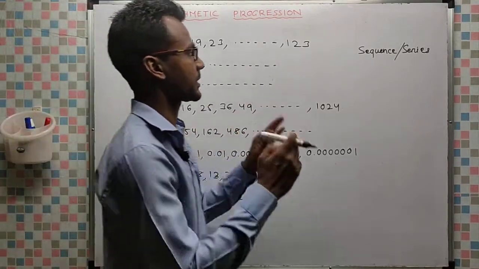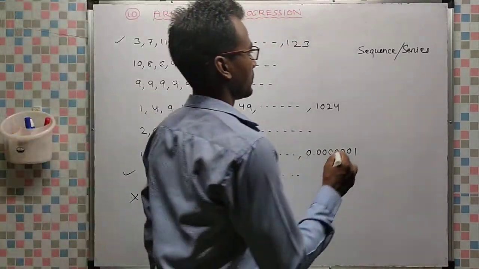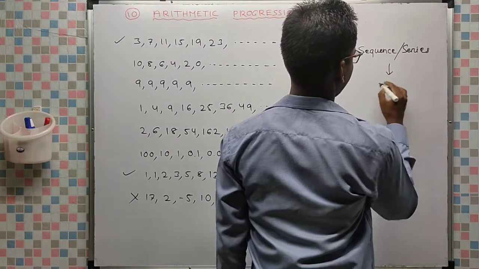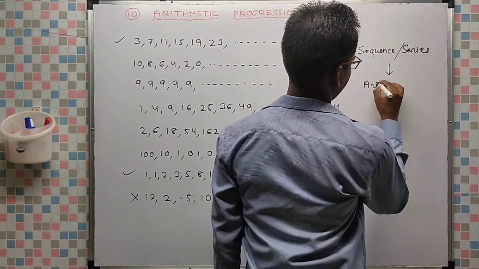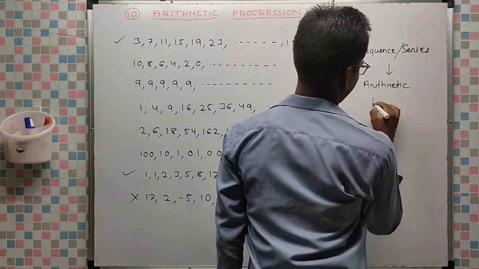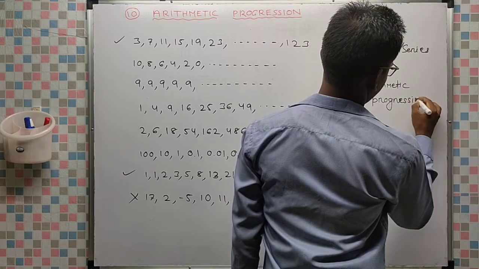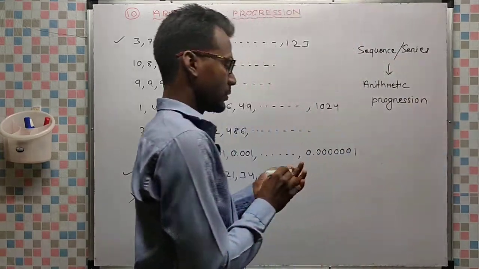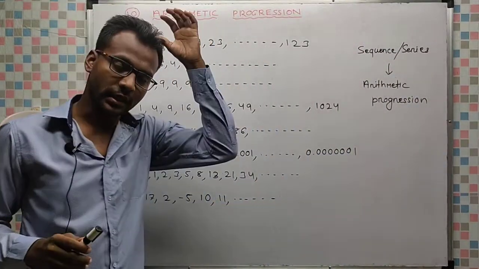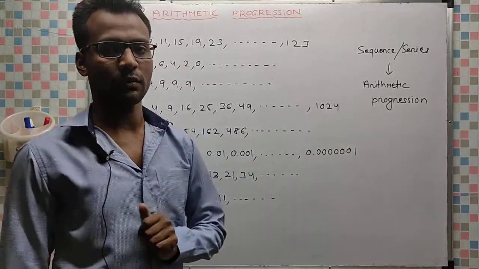Next, after sequence we will go to arithmetic progression. What is an arithmetic progression? An arithmetic progression is a special type of sequence.